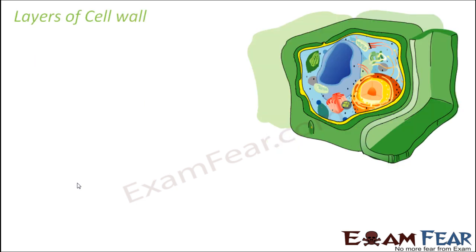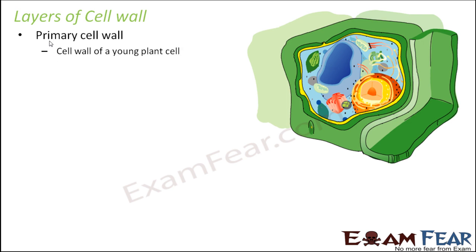Now let us look at the structure of the cell wall, that is the layers in the cell wall. Even within the cell wall there are different layers. Let us first talk about the primary cell wall. It is nothing but the cell wall of a young plant cell.